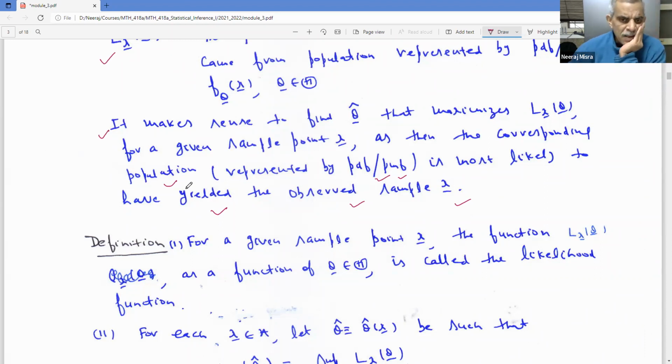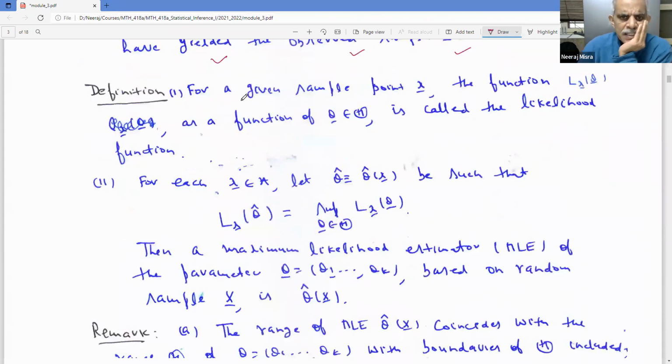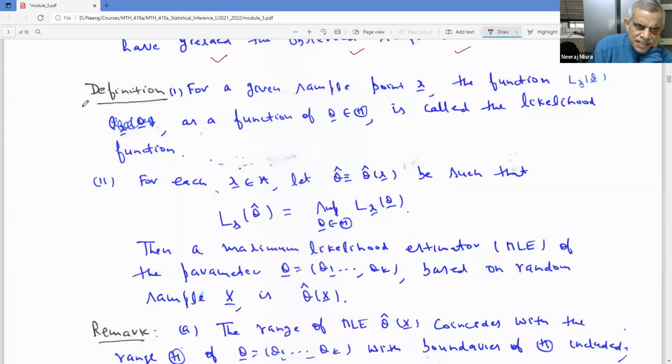So now I give a definition of maximum likelihood estimation. This is all you have done at your bachelor's level, but again, I'm just reviewing it. So for a given sample point X, the function L_x(theta) as a function of theta is called the likelihood function. So the likelihood function is nothing but a PDF considered as a function of theta for a given sample observation. For each x belonging to the sample space, let theta hat be such that it maximizes the likelihood function.